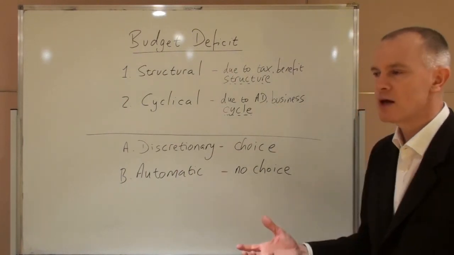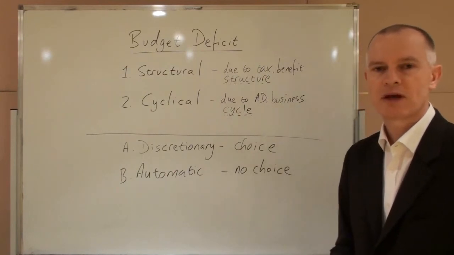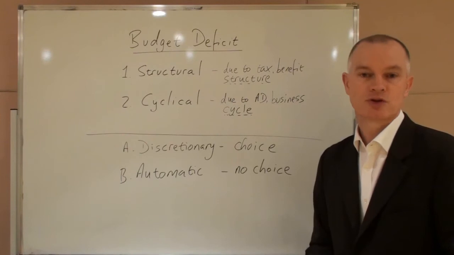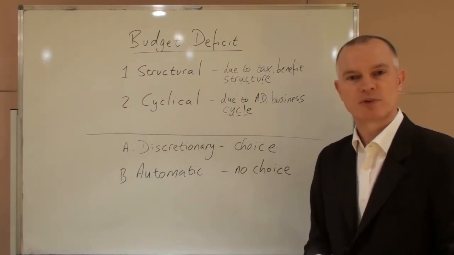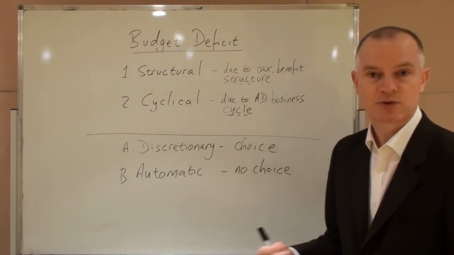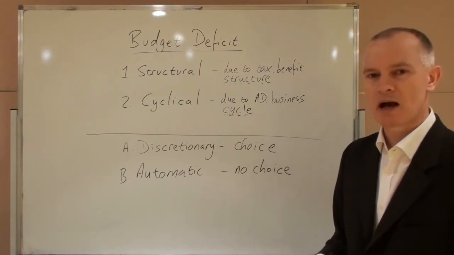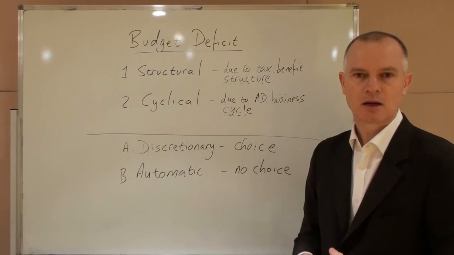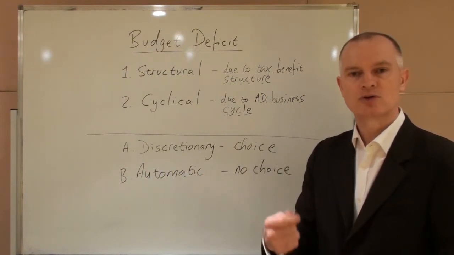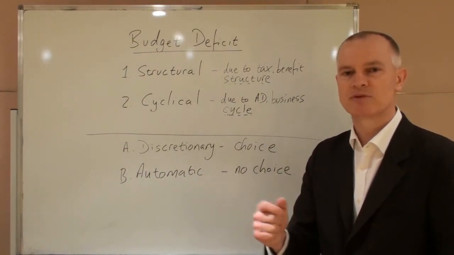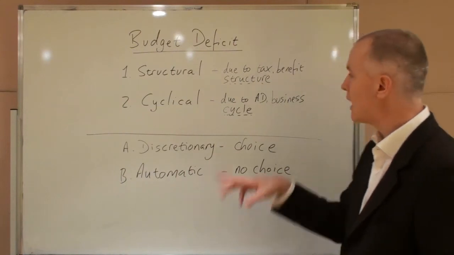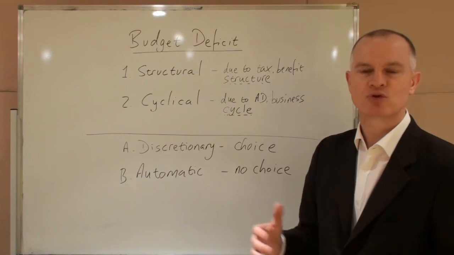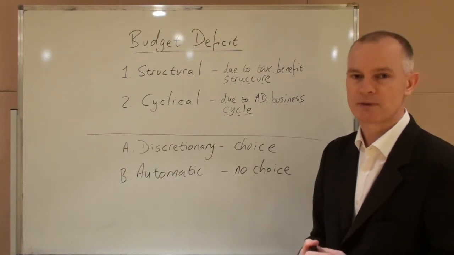For example, a government might decide that it was appropriate to build a road in order to improve the supply side of the economy, in order, for example, to try and get its way out of recession. That is a choice that a government can make and might then borrow the money in order to do that. That would be an example of discretionary spending. Additionally, any changes to the tax and benefit system are examples of discretionary fiscal policy.